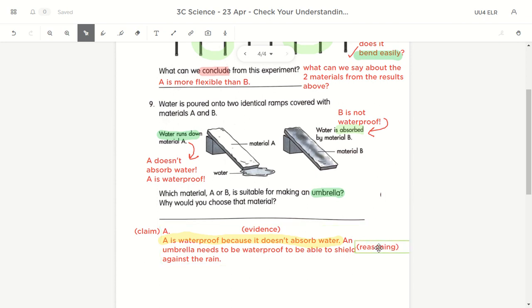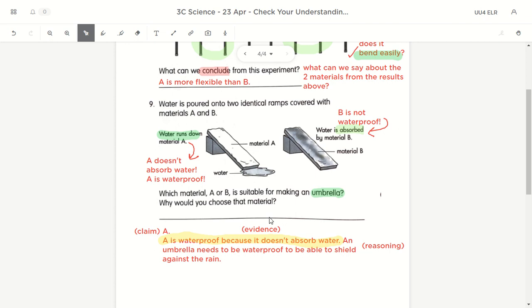So why did I choose A? Because A is waterproof and it doesn't absorb water. We can see it from the evidence shown in the diagram. And why does an umbrella need to be waterproof? Because it needs to be able to shield against the rain. Protect yourself against the rain. That's why it needs to be waterproof.